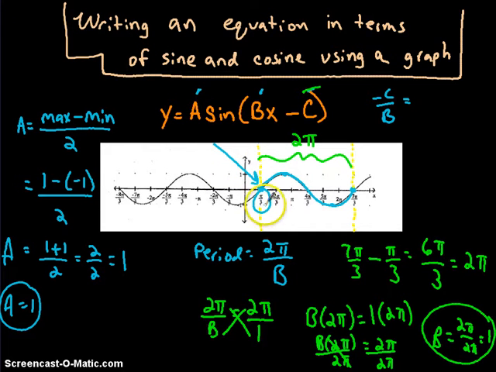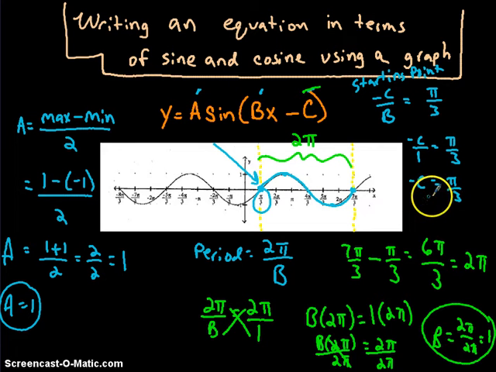So starting point equals negative C over B. Since my starting point is pi over 3, pi over 3 equals negative C over B. We already know the B value is 1, so I'm going to write negative C over 1 equals pi over 3. So negative C equals pi over 3. And if you finish solving that, divide both sides by -1, you get C as negative pi over 3. So now I know A, B, and C.